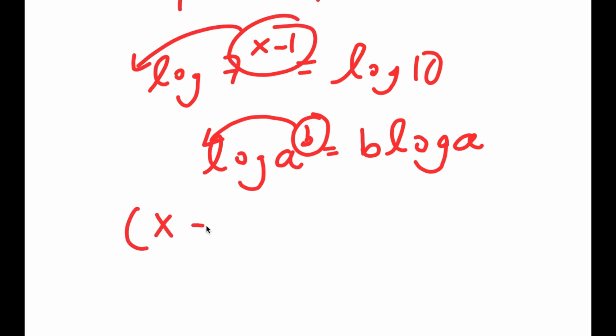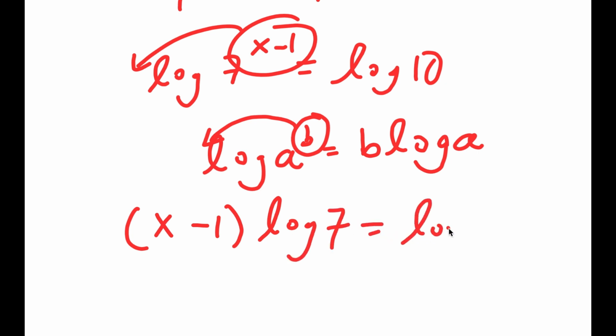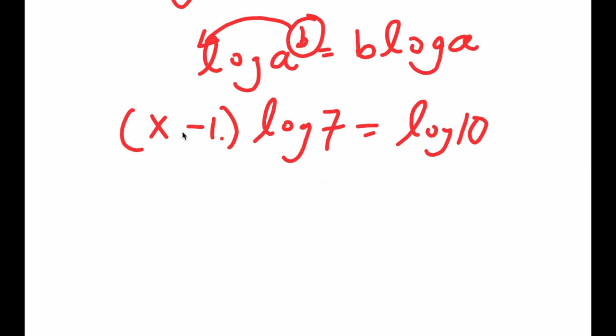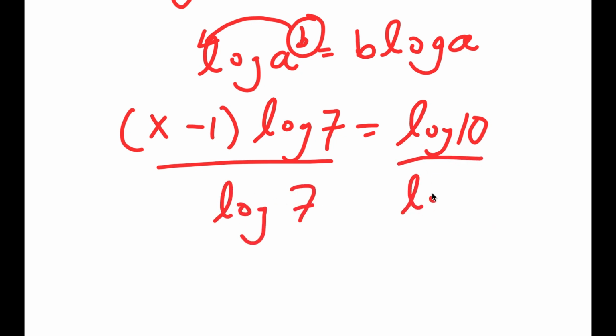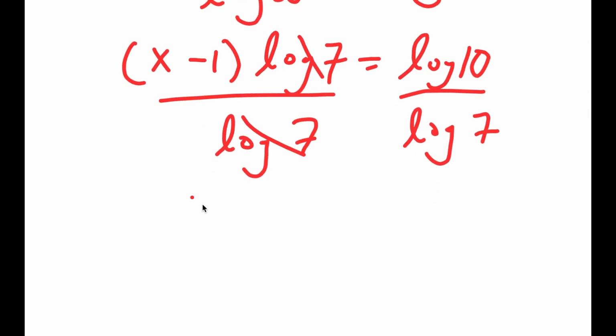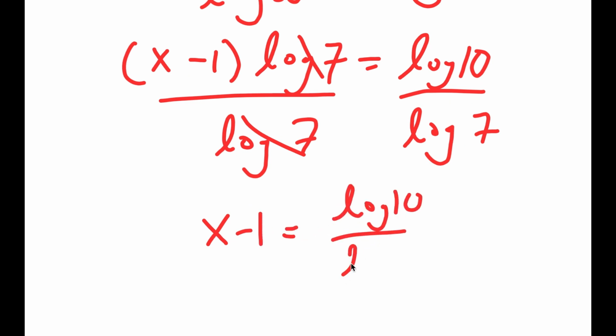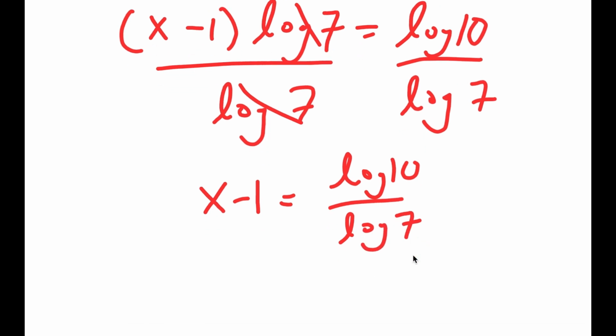So now I have x minus 1 times log 7 is equal to log 10. Now we want to isolate x, so I'm going to divide both sides by log 7. So these two cancel out, and I get x minus 1 is equal to log 10 over log 7.